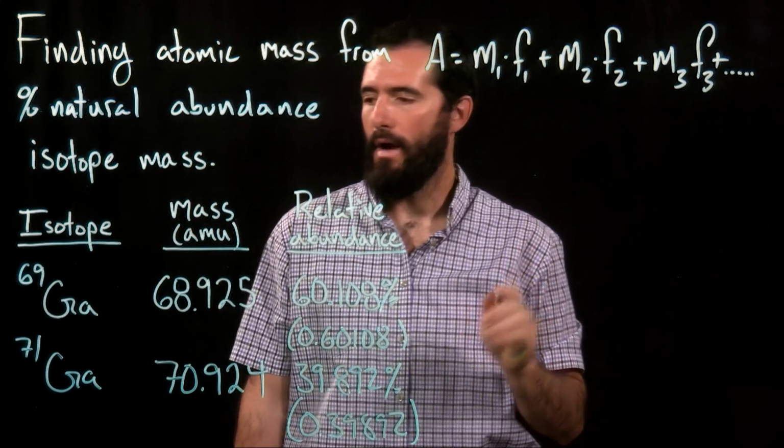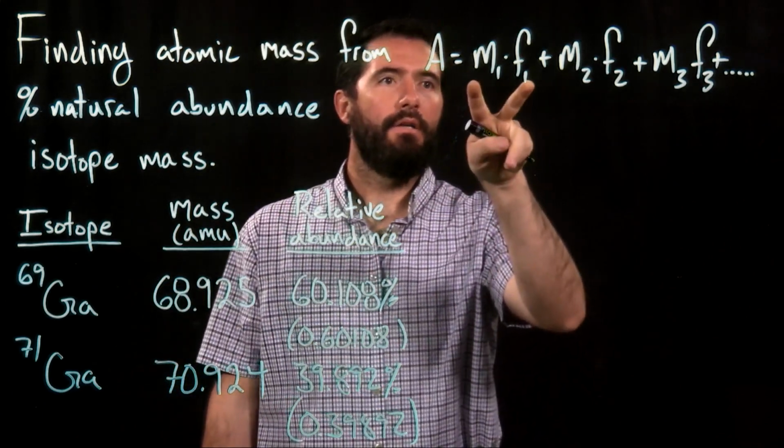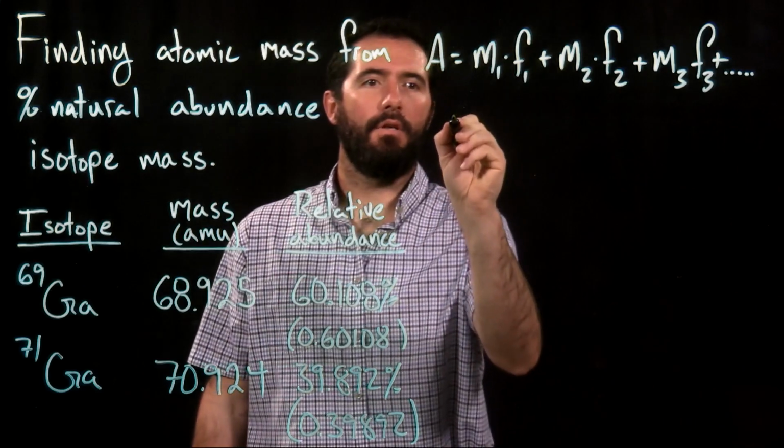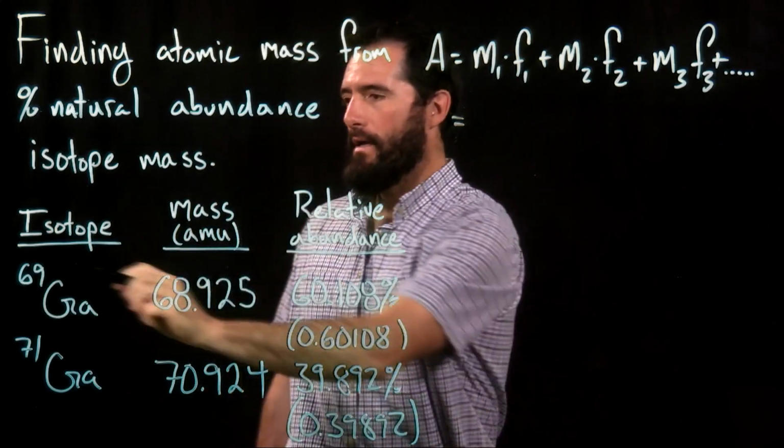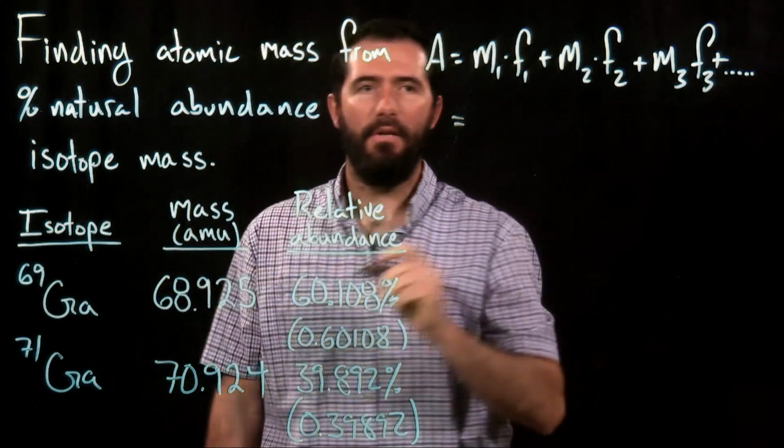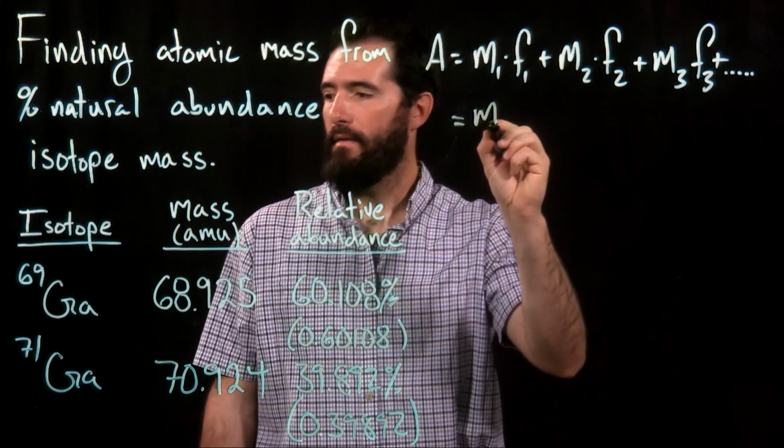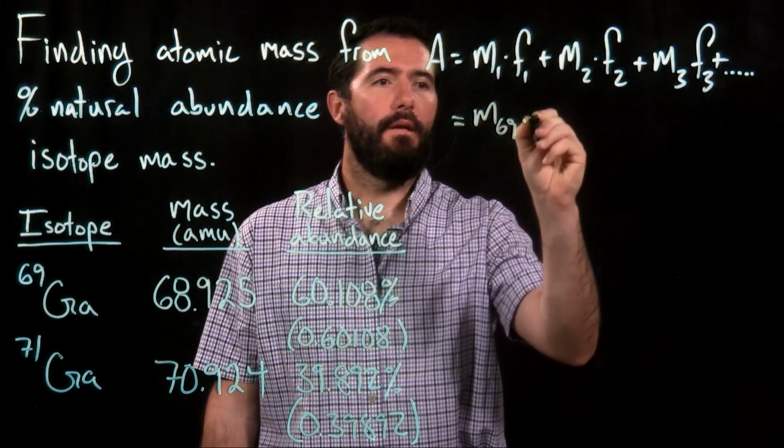In this particular problem, we only have the two isotopes, so we'll only use the first two terms of this equation. I'm going to rewrite it using the 69 and 71 subscript just to make it very clear where these numbers are coming from.